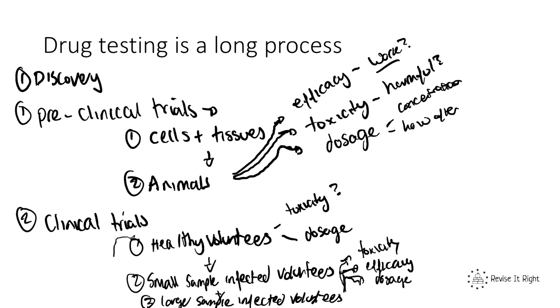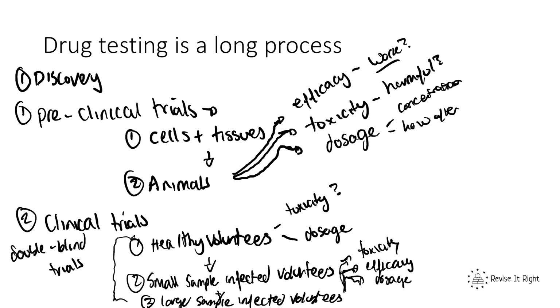Now, these stages on humans are called double-blind trials. And what that means is that half of the participants will receive the drug, whatever drug it is we're testing, and the other half will receive something we call a placebo.